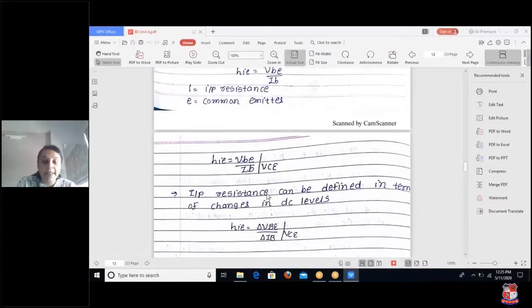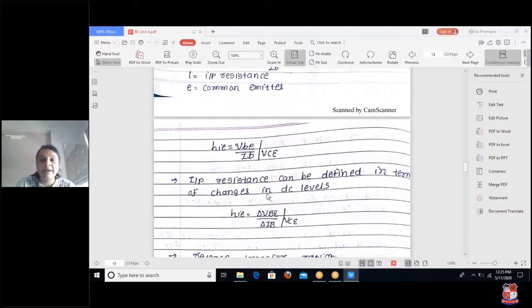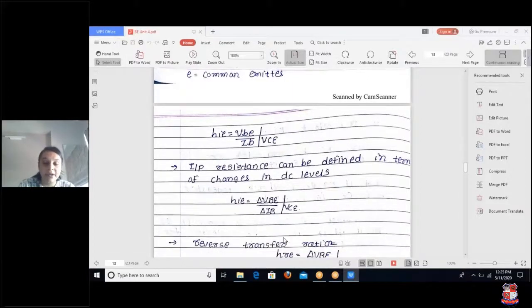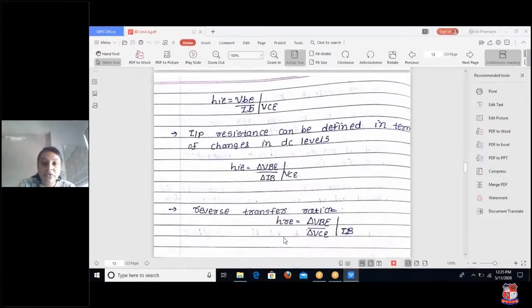Same thing, input resistance can be defined in terms of changes in the DC level. So HIE is equal to delta VBE upon delta IB when your VCE is constant, right? So this input resistance is found from the input characteristics, right?